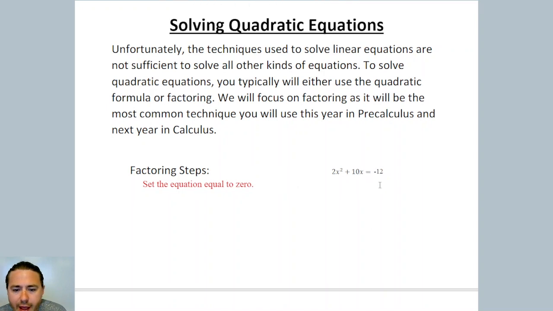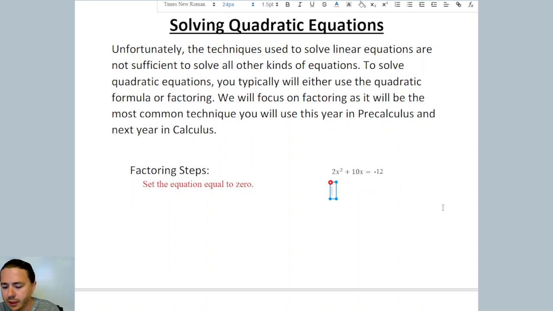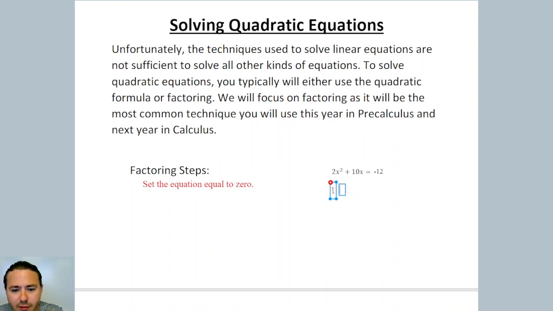So we're going to add 12 to both sides. And that should result in 2x squared plus 10x plus 12.